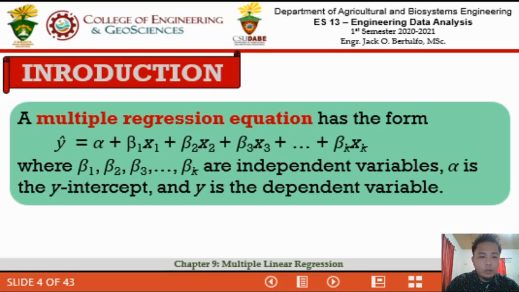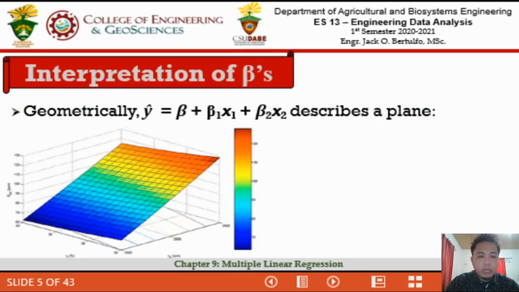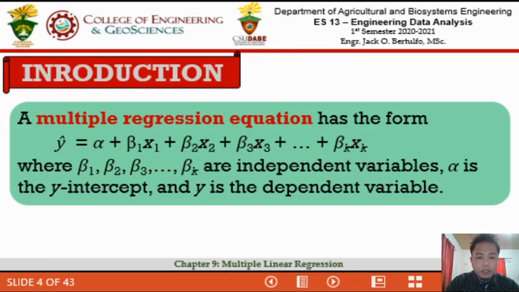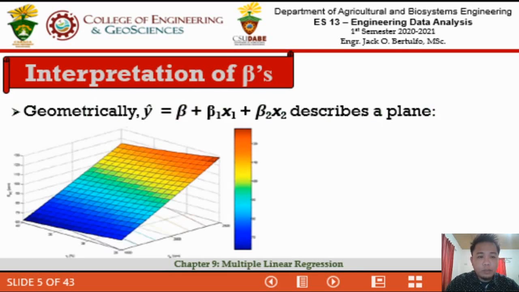Then you have x1, x2, and x3, which are the independent variables, and you have beta 1, beta 2, beta 3, up to beta k, which are the coefficients of every independent variable. The important part here is how to interpret these betas.